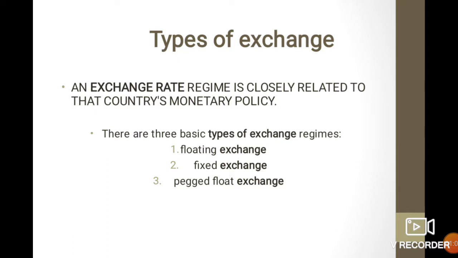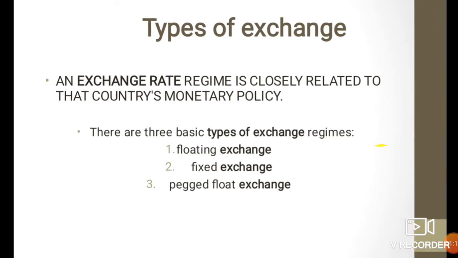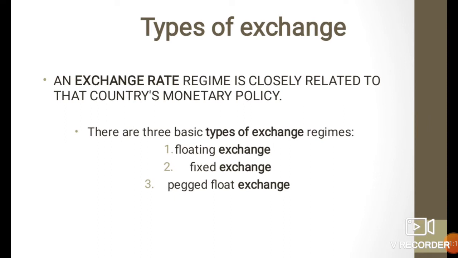An exchange rate regime is closely related to the country's monetary policy. All exchange rates relate to the monetary policy in every country, and there are three basic types of exchange rate: floating exchange rate, fixed exchange rate, and pegged floating exchange rate.